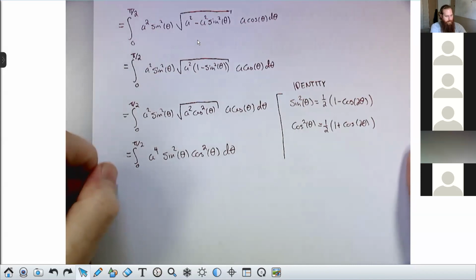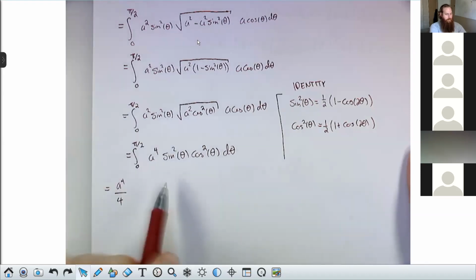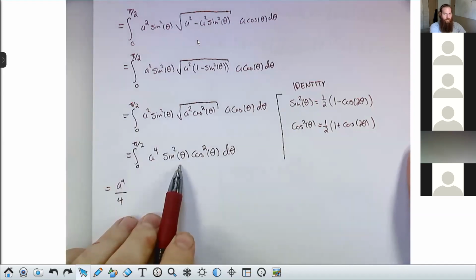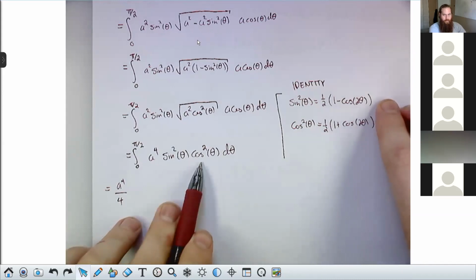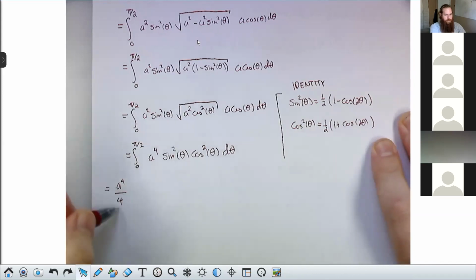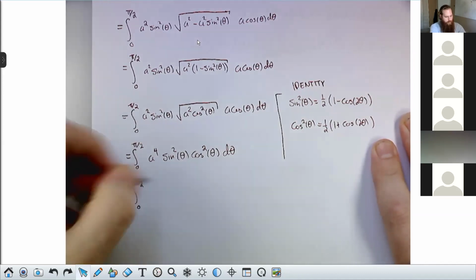I can pop out my a to the 4, and I'll also have a 1/4 coming from the 1/2 here, from this guy, and a 1/2 here from this guy. So that's the 4 downstairs coming from that. Then I'll have integral 0 to pi over 2.